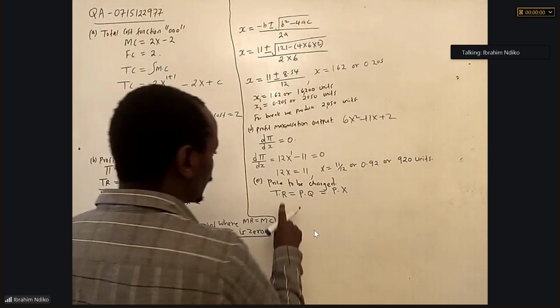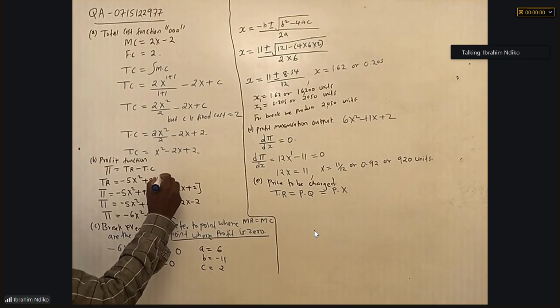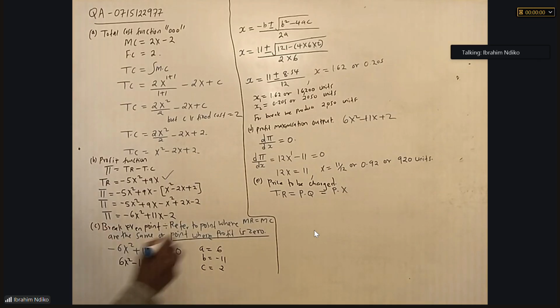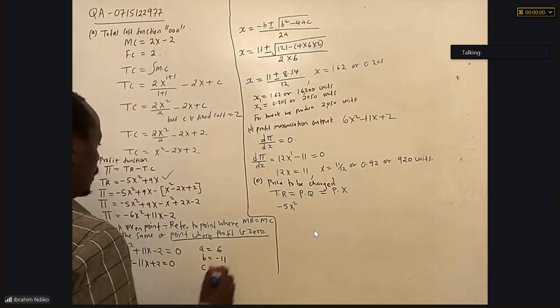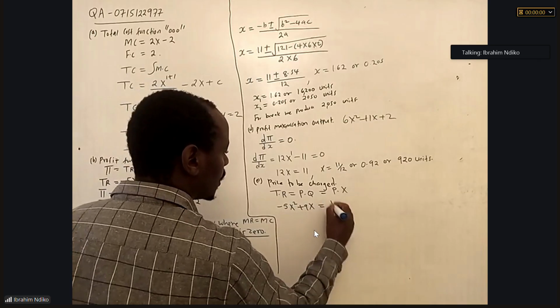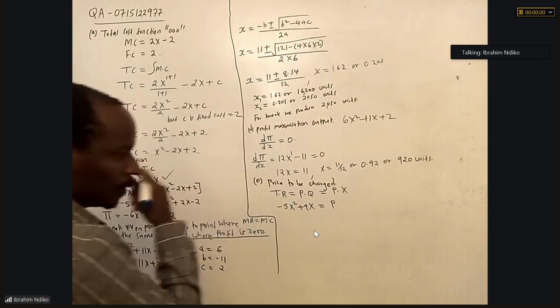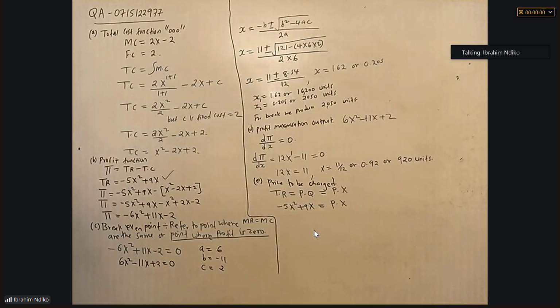Now we have our total revenue. Our total revenue was minus 5x squared plus 9x, which is equal to price times quantity.